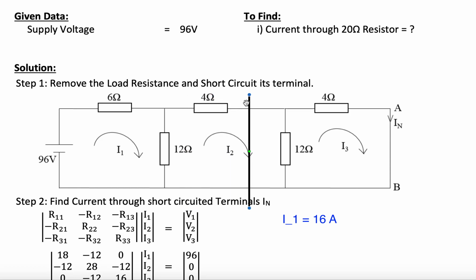With 64 volts and 8 ohms, the current is 64 by 8, which is 8 ampere. So the current is 8 ampere and the resistance is 8. Now this 8 and 12 are in parallel. Find the equivalent of 12 and 8: 12 times 8 is 96, 12 plus 8 is 20.